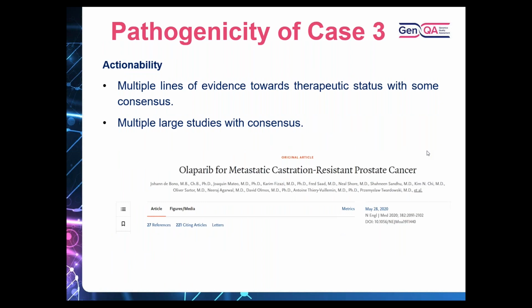So in terms of actionability, there were multiple lines of evidence towards therapeutic status with some consensus, and multiple large studies with consensus. Namely, PARP inhibitors for metastatic castration-resistant prostate cancer. There are guidelines of eligibility for this particular drug, and this particular variant would fit into those eligibility guidelines, which is why it was classified as tier 1.